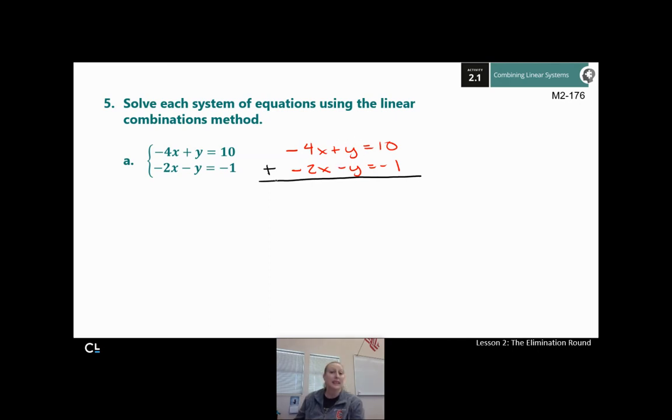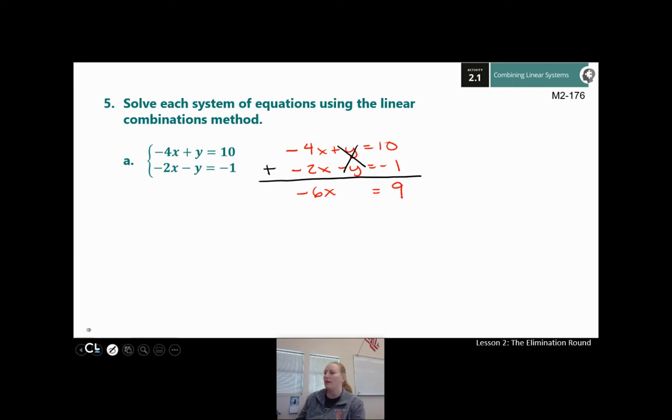Let's add everybody up. Negative 4x plus a negative 2x gives us negative 6x. Y plus a negative y, those actually cancel out, which is wonderful and why we did what we did, right? That was the whole point of this. And of course, 10 plus a negative 1, 10 minus 1, that is 9.